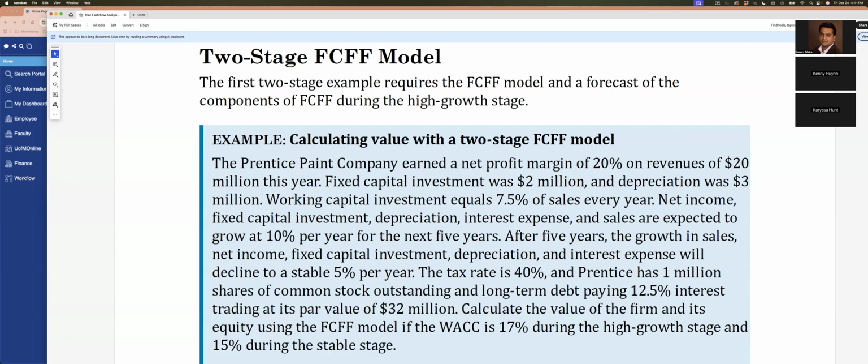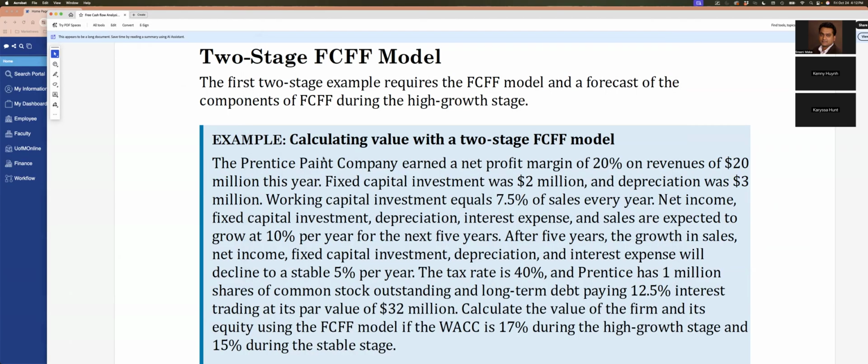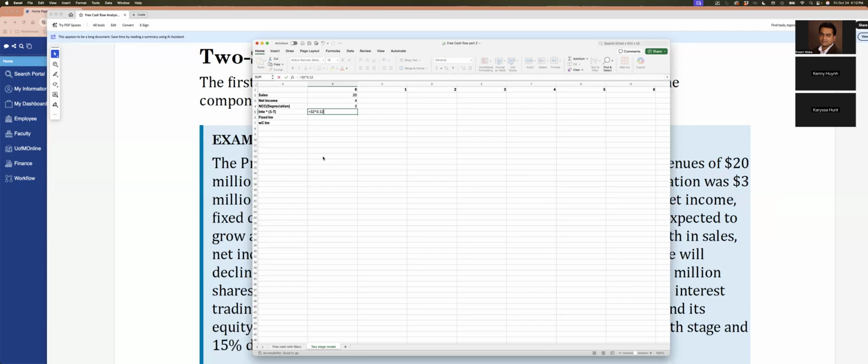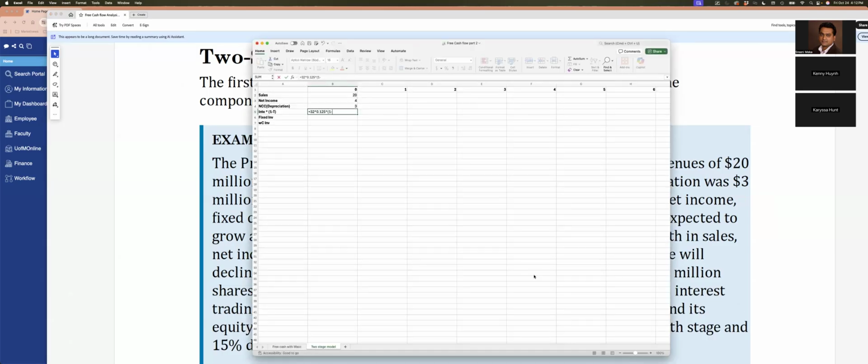So the debt is 32 million. Let's do this math. 32 million and he's paying how much interest? 0.125, 12.5%, right? And we need to do 1 minus T. What is the tax rate he gave? 40%, 0.4. Yeah. Is it 2.4 million?